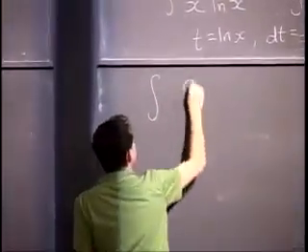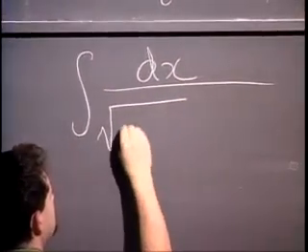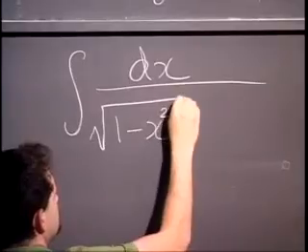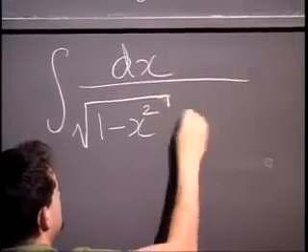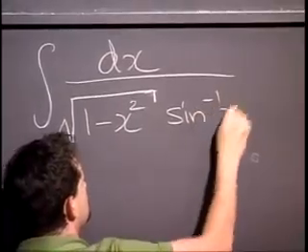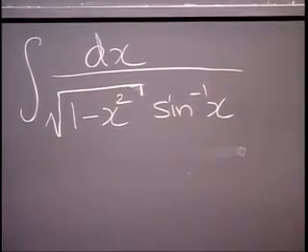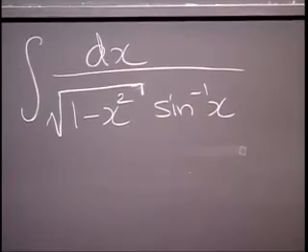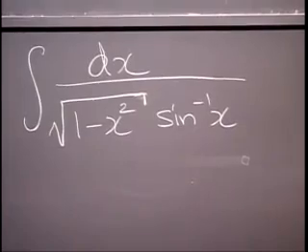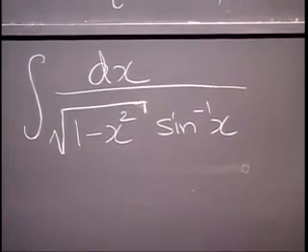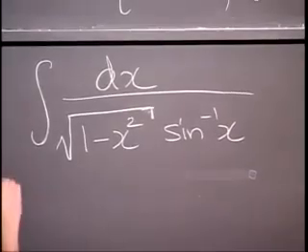Suppose I ask you for the integral, let's do this, integral of dx over square root 1 minus x squared inverse sine x, also known as arc sine x. You could do a substitution, t equals inverse sine x.